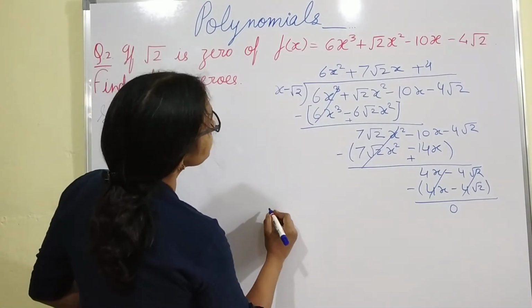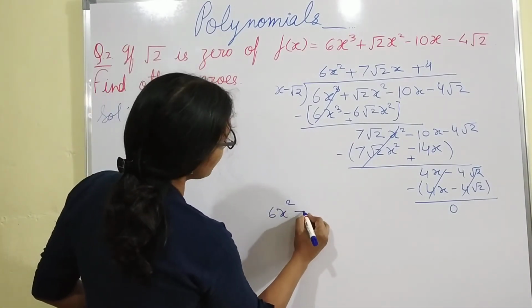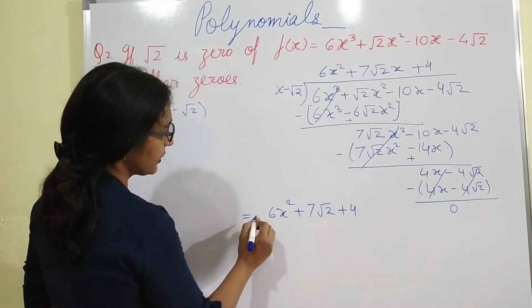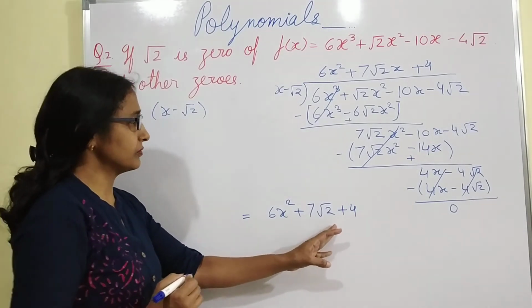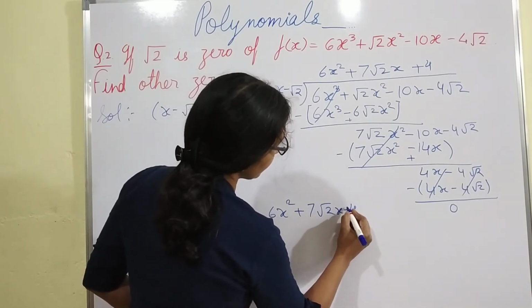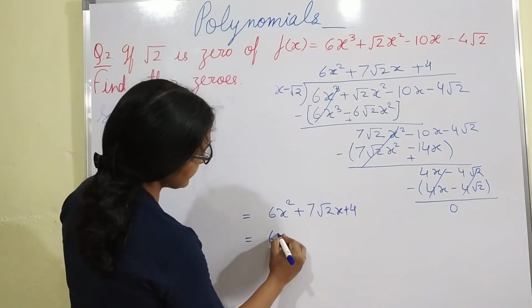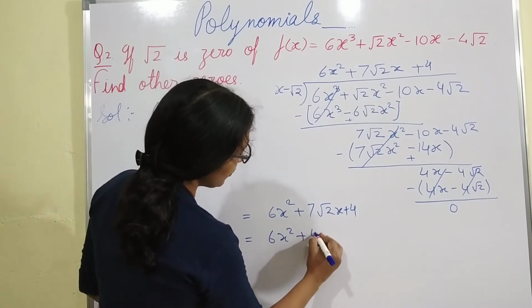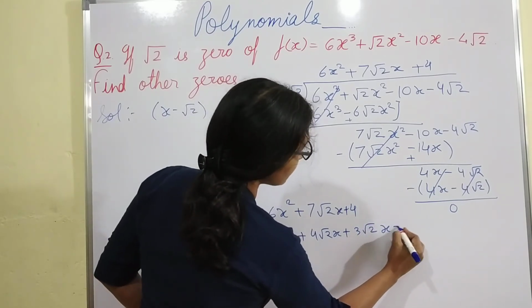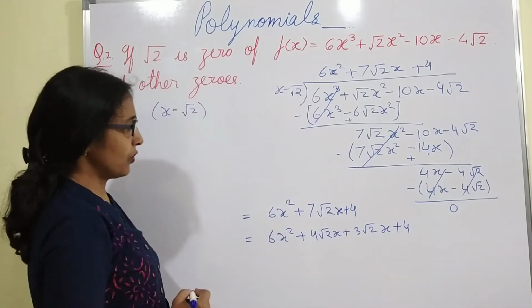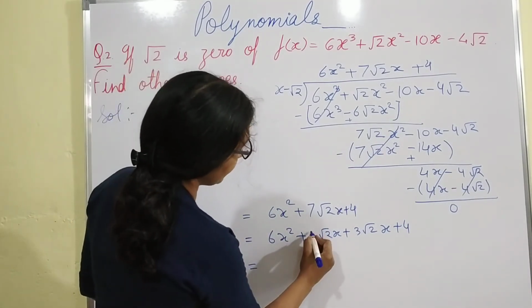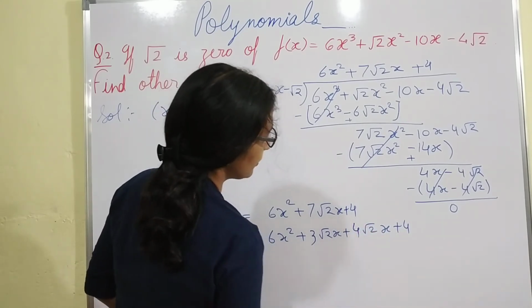So our quadratic, obtained by dividing, is 6x square plus 7 root 2 x plus 4. Now we will split it: 6x square plus 4 root 2 x plus 3 root 2 x plus 4. I am writing here 3 and here 4.